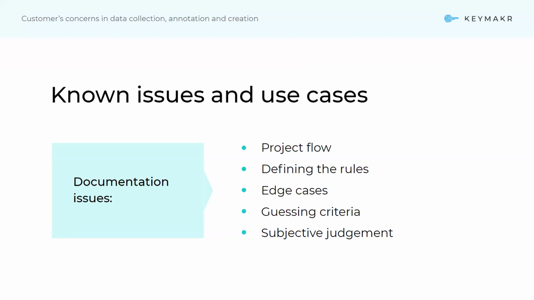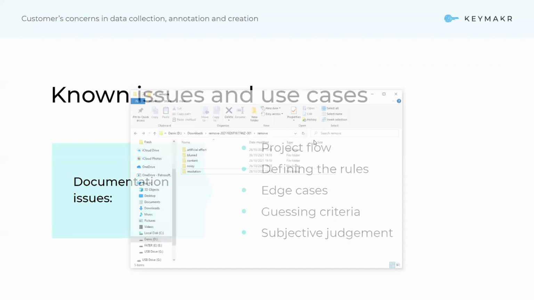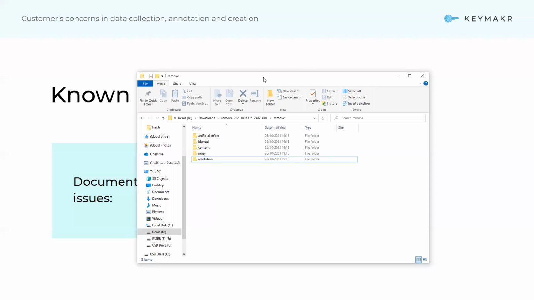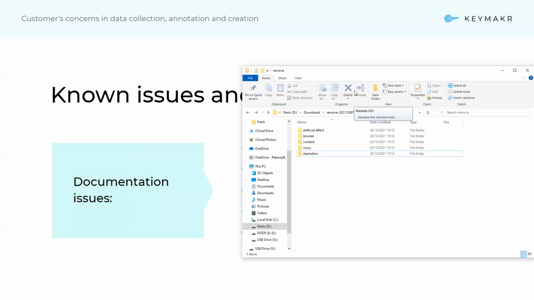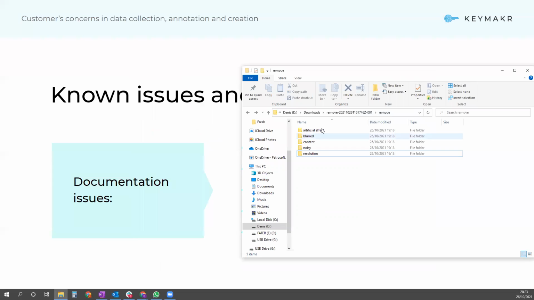If we talk about data collection, this is one of our customers' use cases. We were to collect images from open sources. And some of the images were rejected by the customer as they were, for example, blurry.